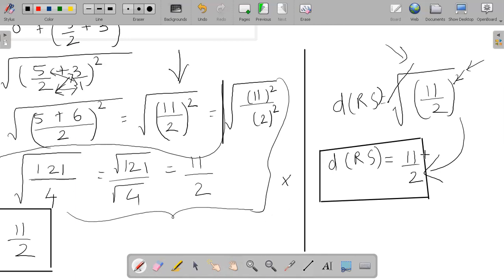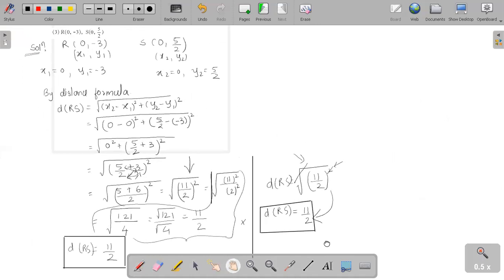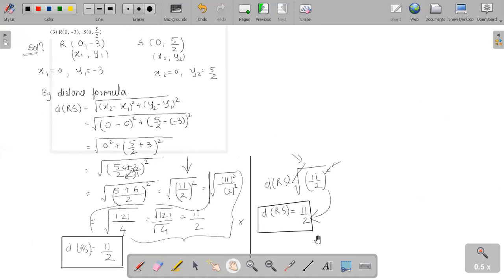That is, the square root and the square gets neutralized, or in simple words, square root and square gets cancelled out. And we are left with 11 upon 2. So the answer, distance between R and S is 11 upon 2. Okay, you can write it down now. Let me know once you finish writing.